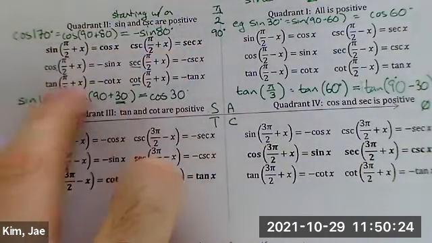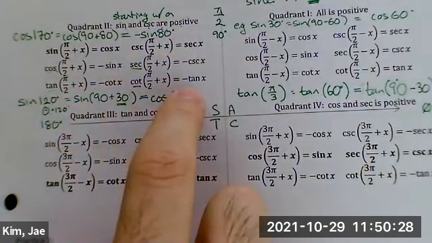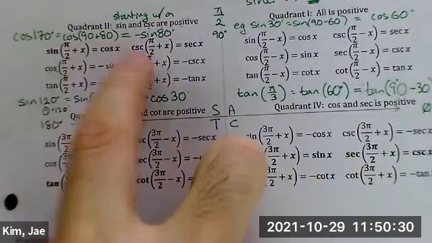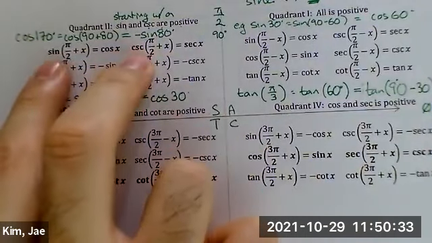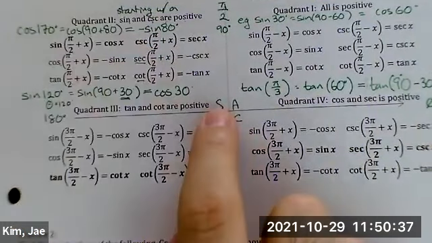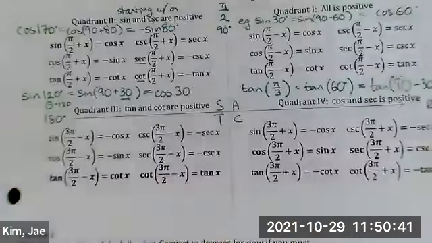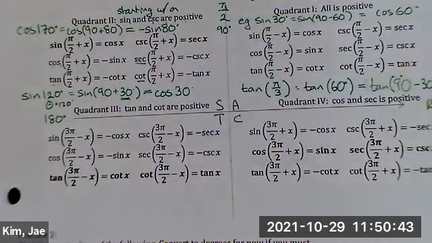But if I gave you a tangent, it becomes negative cotangent. Cotangent becomes negative tangent. The only ones that remain positive are if you're starting with sine or cosecant, and that corresponds with CAST rule S. Secant is 1 over cos, so it's still, yes, correct.